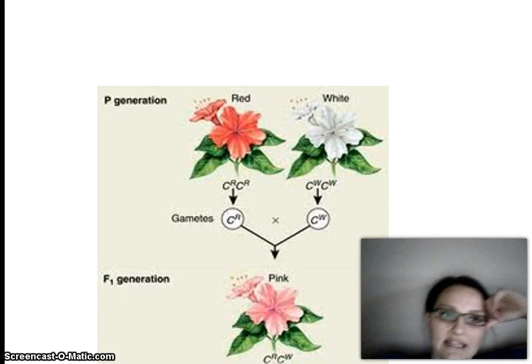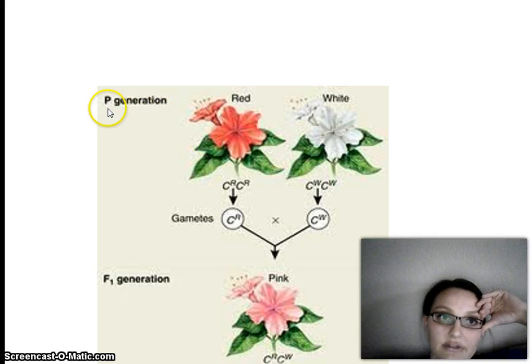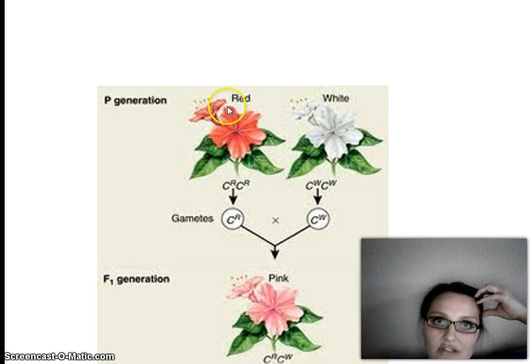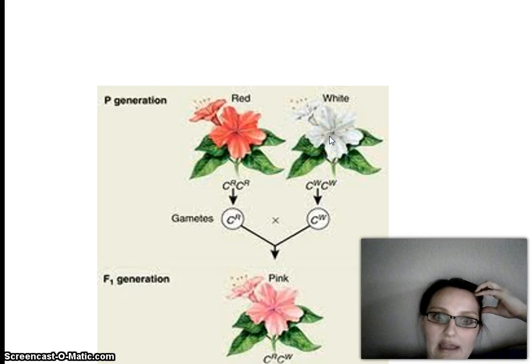incomplete dominance is that this P generation stands for parental generation, okay, when we're doing the crosses. So one of the parents will be red, which is usually the dominant color, and then white is almost always the recessive color, okay? So what happens in incomplete dominance is similar to what happens when we do our paint.